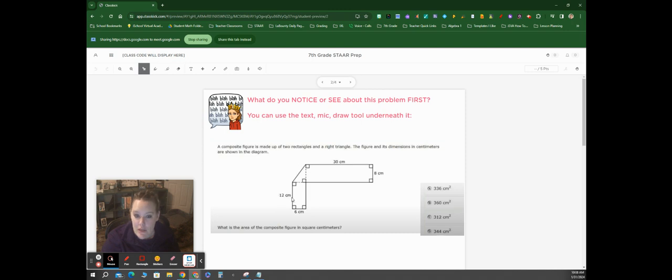I'm noticing there's another rectangle right here, and there's a triangle. So you might have to say to yourself, okay, I need the area formulas for a rectangle and a triangle. So I suggest pausing this, trying the problem out, because that's what we're going to do in class. Once you have the answer or you think you have it, you can start the video again.